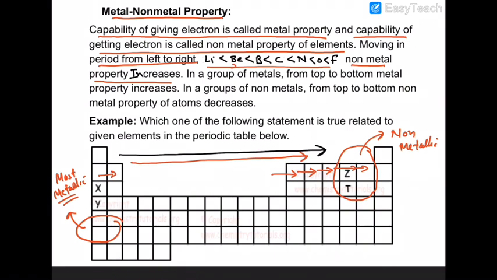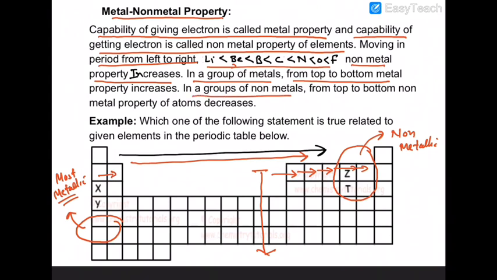In a group of metals, if you move from top to bottom, what will happen? Metallic properties of the element increase.